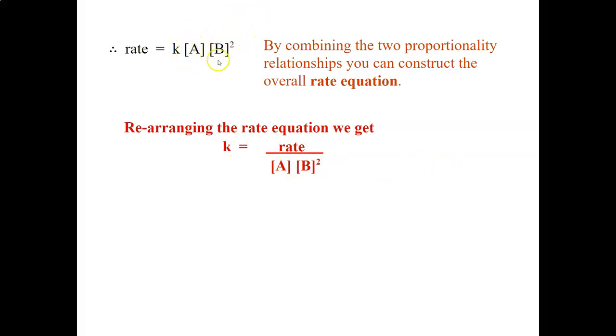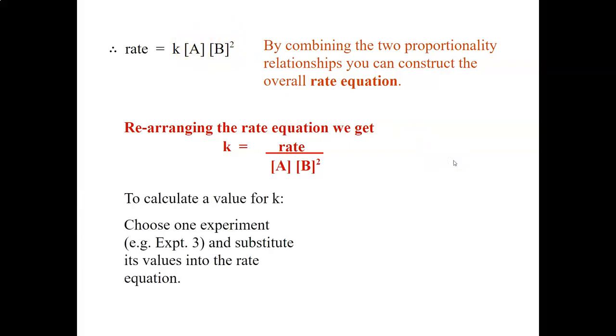It's never anything different. So to calculate k, we can pick any experiment we want. You could pick experiment 1, you could pick experiment 2, but I've chosen experiment 3. If you want to check, then just do one of the other experiments as well.